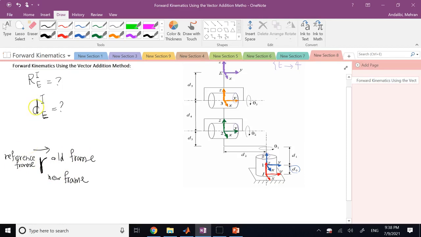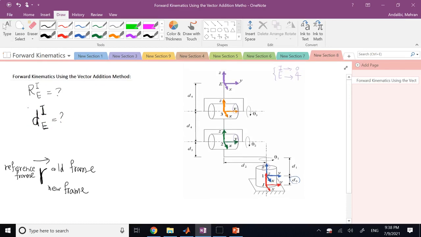Therefore, this d of e with respect to I, which is the position vector of the end effector with respect to the origin of frame I, should be written along the axis of which frame? Well, of course, with respect to I. Everything has to be, the vectors have to be written along the axis of frame I so that I can use them for forward kinematics. So this is matching that notation. Good? Fine.